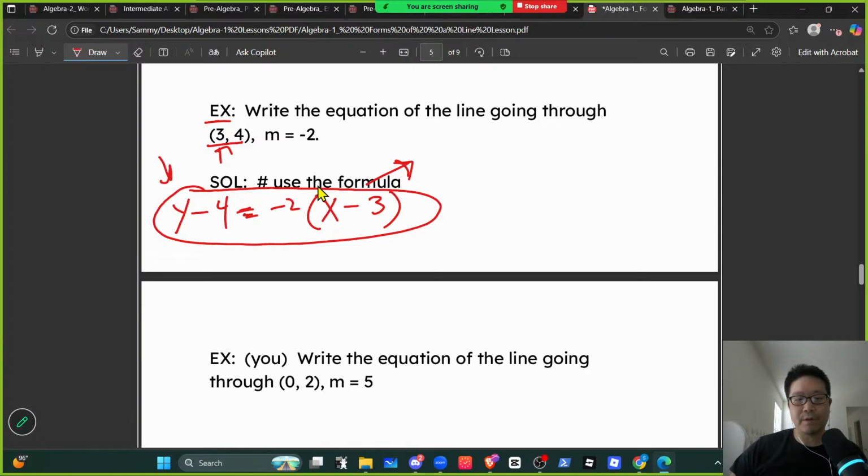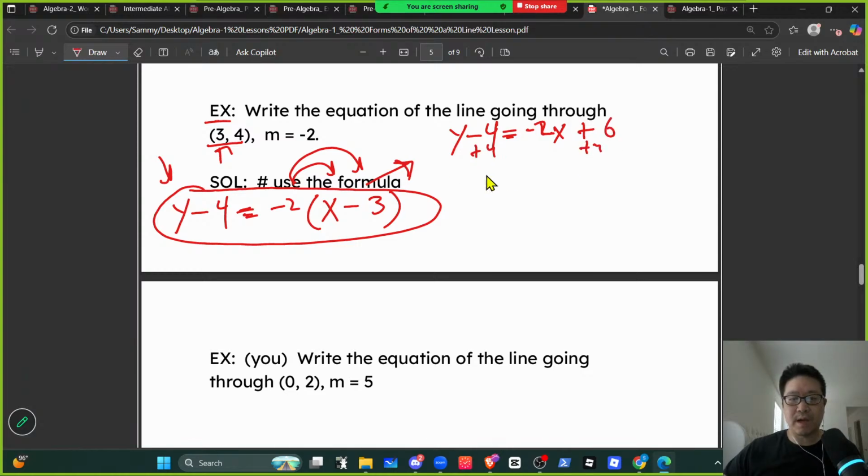Okay, so one way you could do that is to actually solve for y. All you got to do is solve for y if you want to put it in slope intercept form. In other words, you're going to distribute this negative 2 across the x minus 3 and solve for y. So if we did that, it would be y minus 4 equals negative 2x and then positive 6.